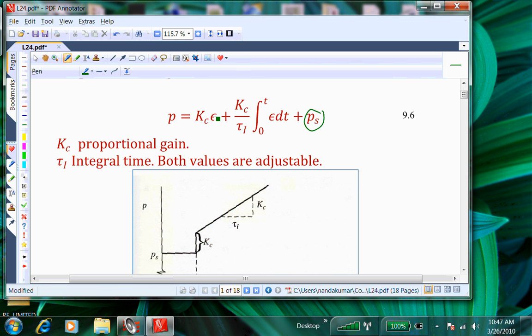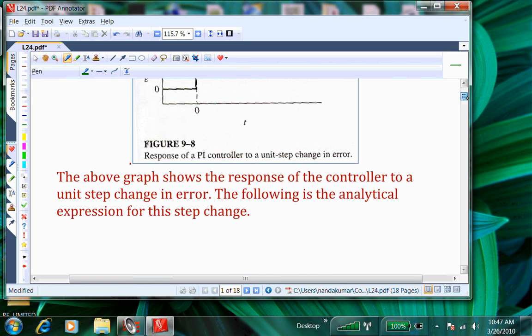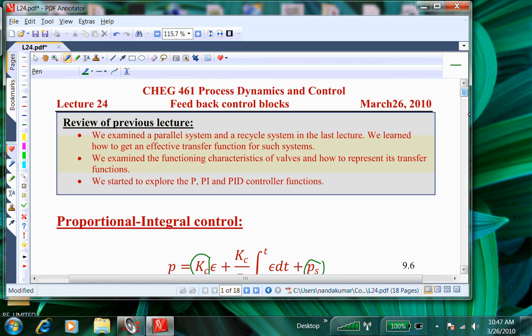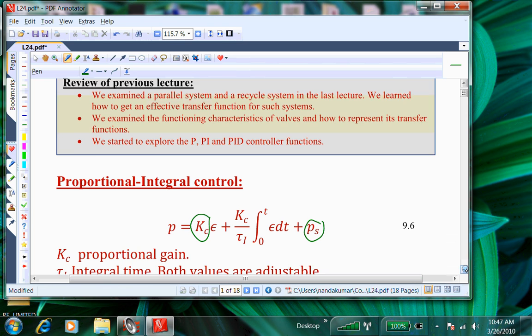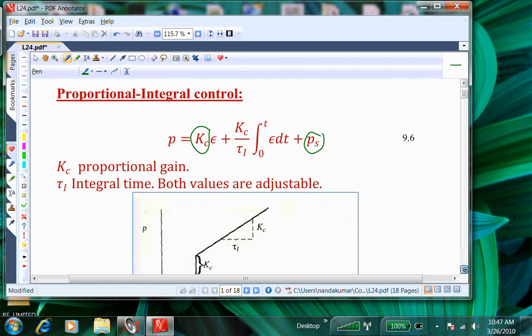The proportional action is proportional to the error. The proportionality constant is a tunable constant for the P controller. And for the integral controller, it's the integral of the error. We saw in the last lecture how the response would be for a specified error input.